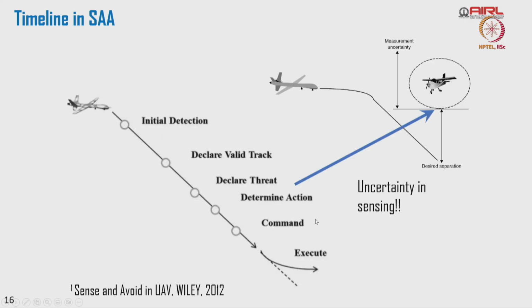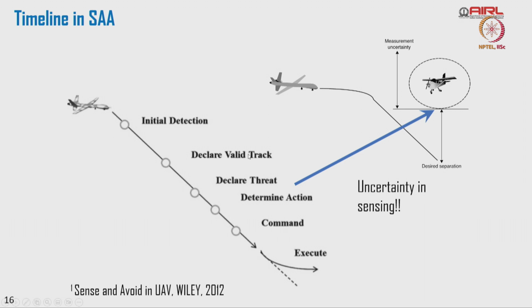Is that the only thing? No. Many factors play an important role. Initial detection: how far away can I detect him? I may take some time to declare whatever I detected as a valid threat.